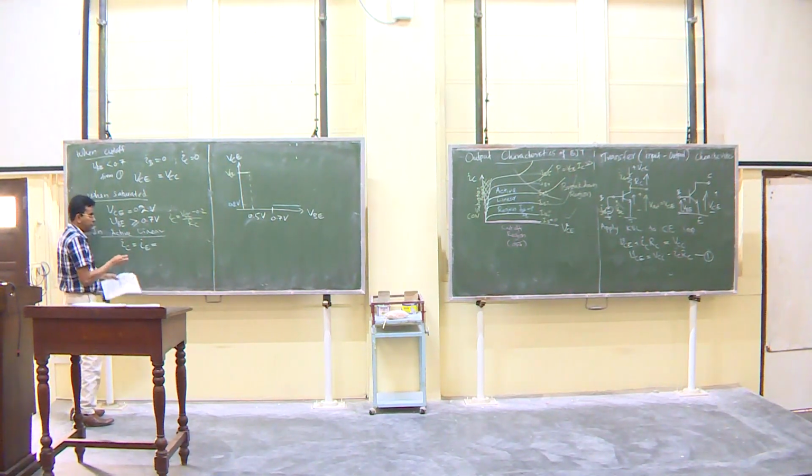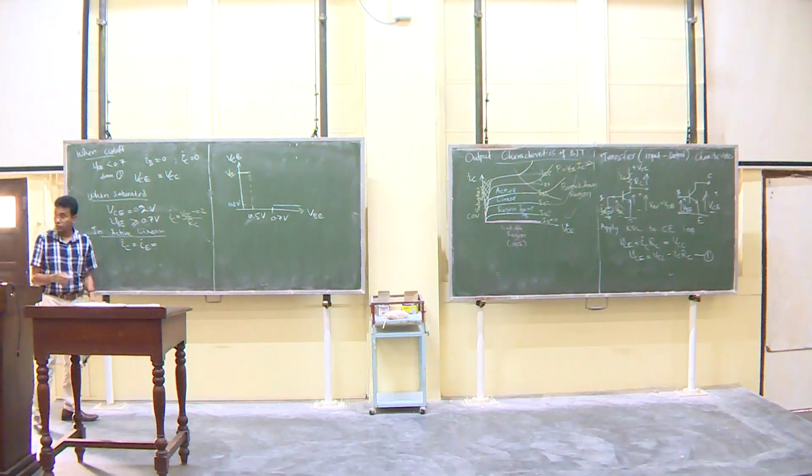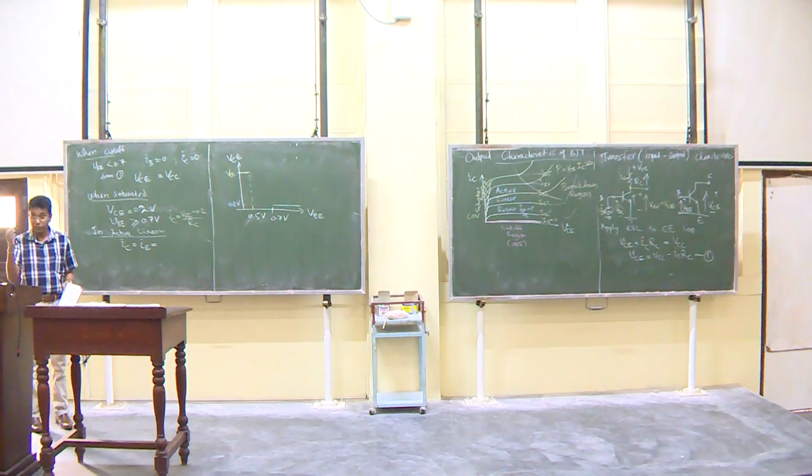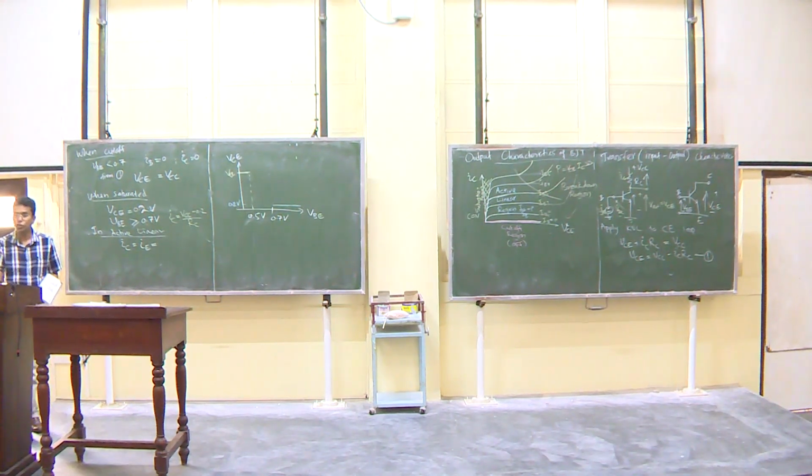Remember in the active linear region IB is very small, because IC is equal to beta times IB, beta is like 100, and IE is equal to IB plus IC.